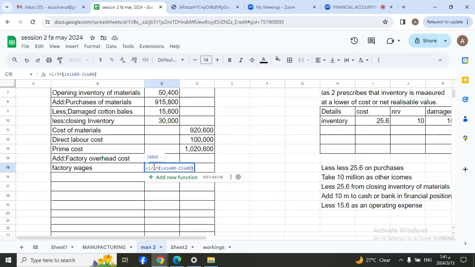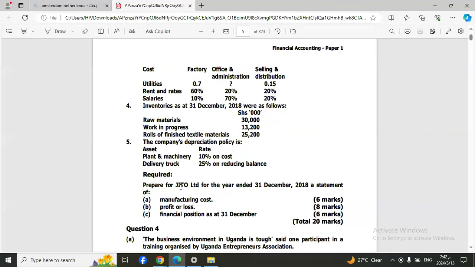I close my bracket. I get 24,000. Isn't it 1 divided by 6? Yes, 1 divided by 6. So we get 20,000. Are we together? Okay. Let's continue.